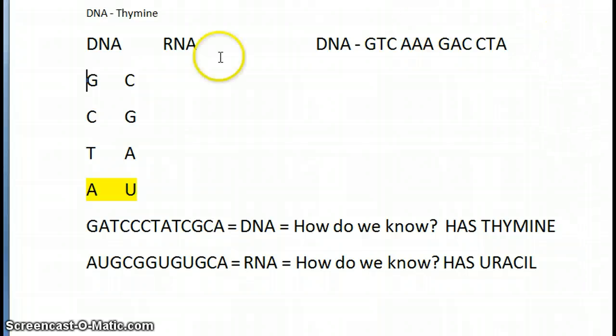Now, when that DNA copies into RNA, how can we make that copy?